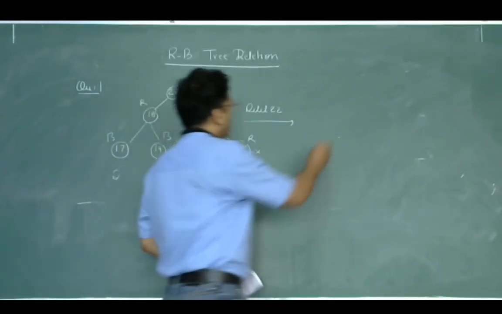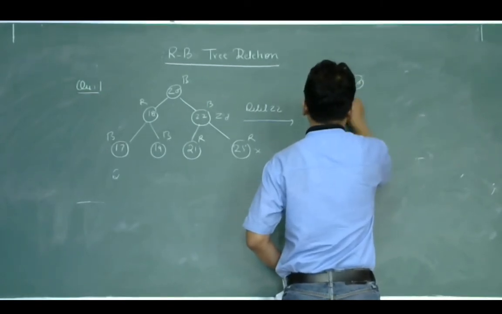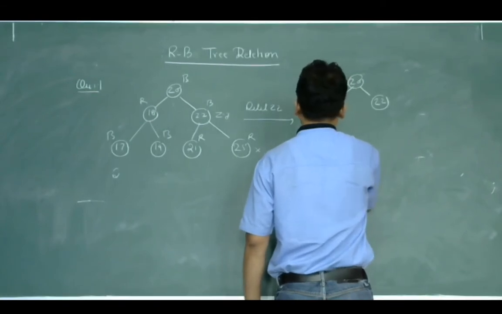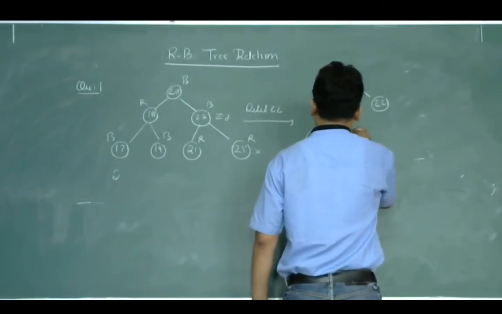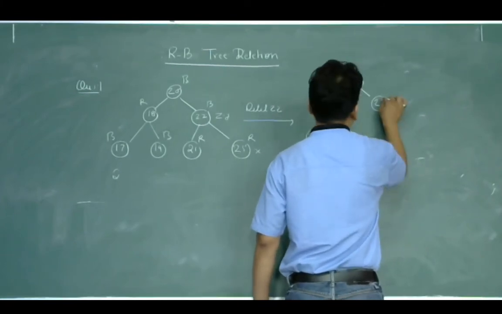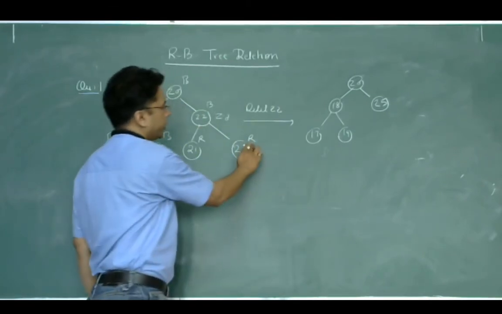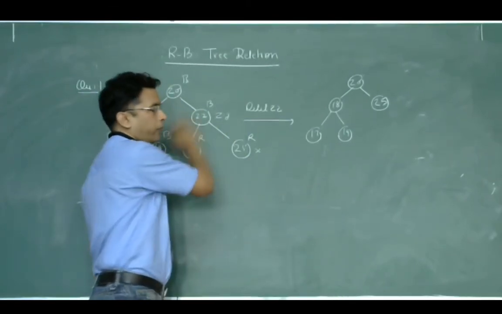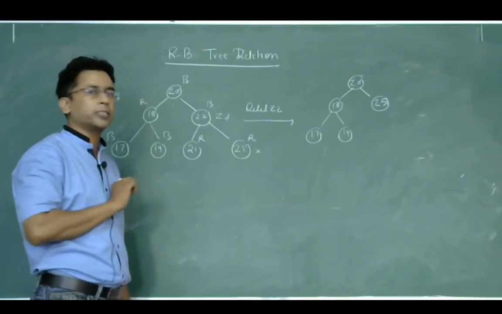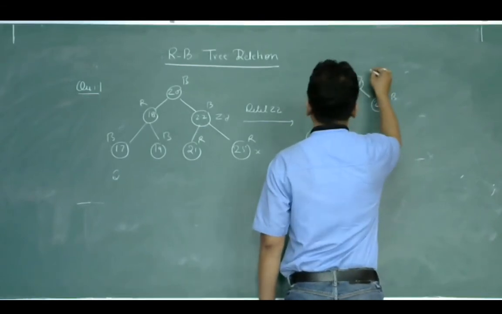After the replacement, this will become 20, 18, 22, 17, 19. In place of 20, 22 will be deleted and replaced by 25. At the start, 25 was red, but after the while loop, the last statement changes the color of x to black, so it is converted into black.